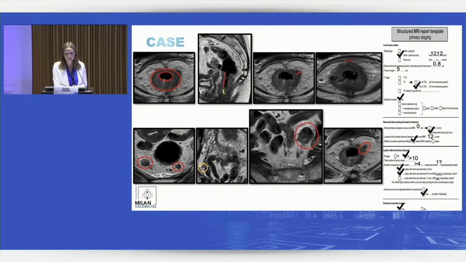And here you see the EMVI, and that was obvious. So to summarize this in a stage, it's a cT3C and T2 tumor with an invaded mesorectal fascia, EMVI, tumor deposits, and maybe a positive lateral lymph node.